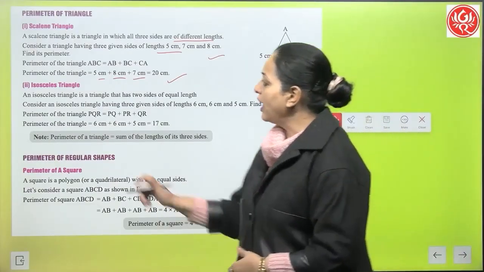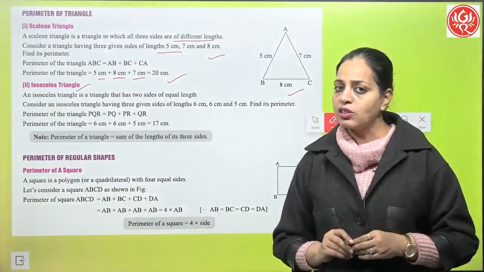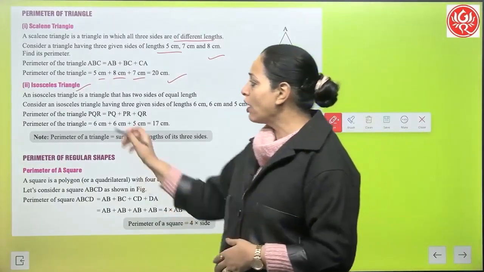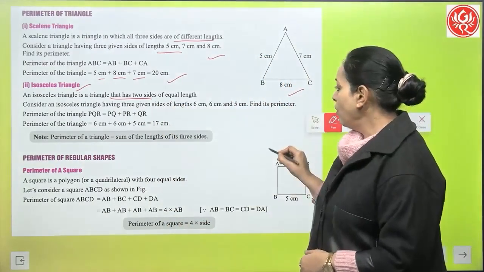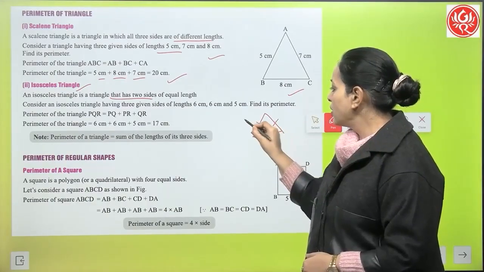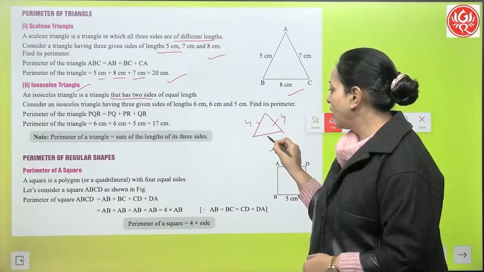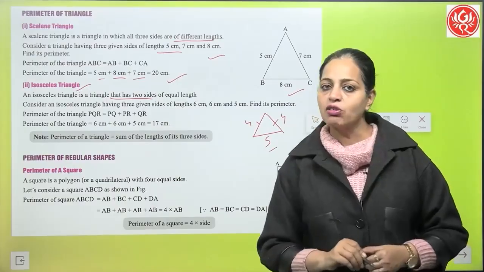Okay, now the next is isosceles triangle. What do you mean by isosceles triangle? An isosceles triangle in which two sides are equal. Let's see one triangle like this. So this is 4, this is 4 and this is 5. So this is an isosceles triangle.